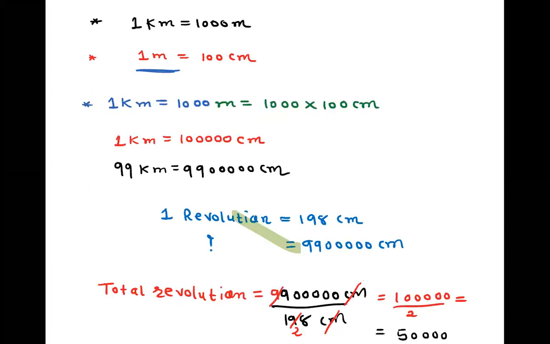But my aim is to find the 99 kilometer traveling. So how many revolutions did I get? I got 50,000 revolutions to cover the 99 kilometer distance. So you just remember the relation between these quantities. Hope you clear?